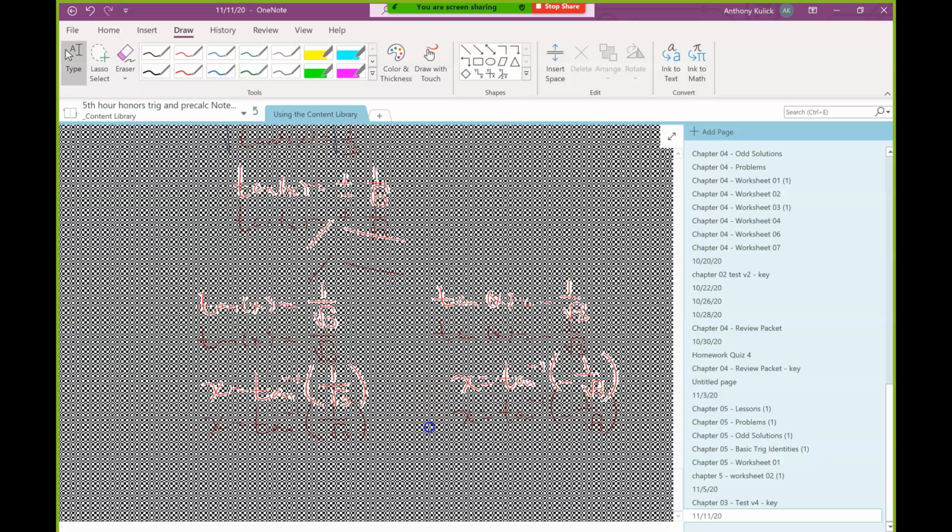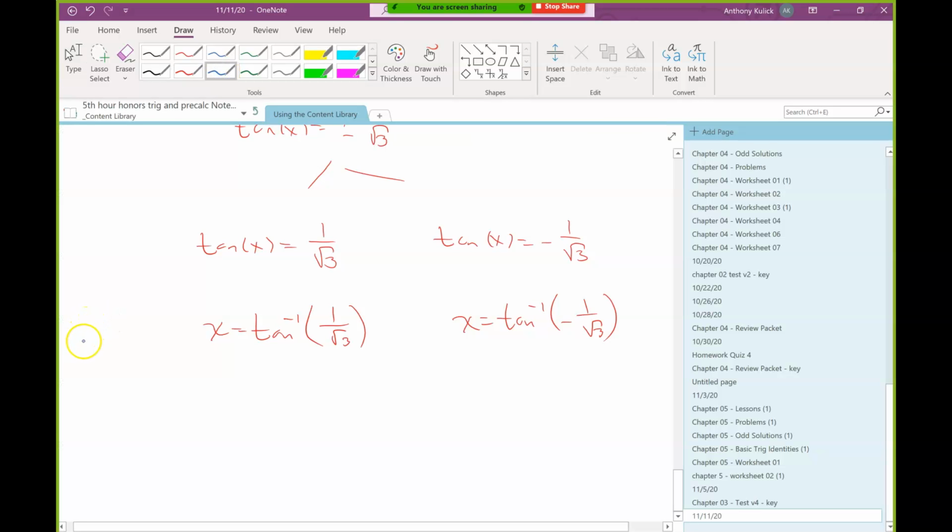So remember, if we're going to go to our unit circle, tangent is equal to y over x. Now, I know that if I'm looking at my unit circle, there's no place where the y and the x coordinate is square root 3. But if I, say, divide the numerator and denominator by 2, which is okay to do, right?